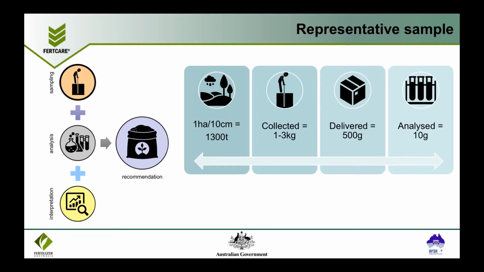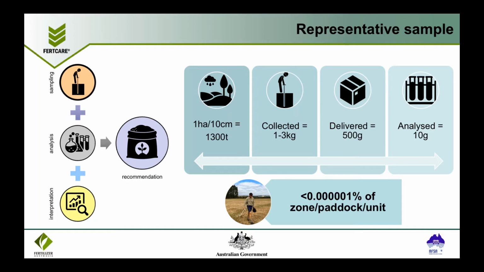Again, Jeff's already touched on this, that the whole activity of sampling, analysis, interpretation, and recommendation is based on a sample that needs to be representative, given that a really quite small proportion of what we collect in the paddock is actually delivered finally to the laboratory for analysis. For some particular analytes, whilst you might be using 5 to 10 grams for some analyses, it might be half a gram or even a gram.